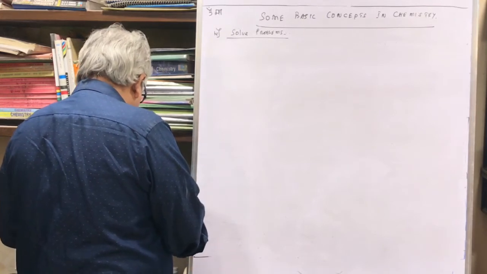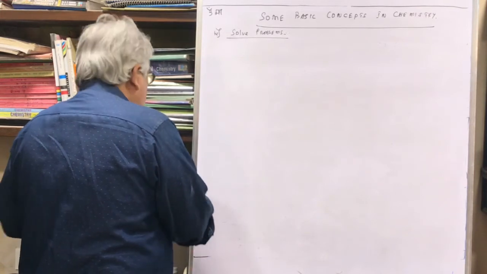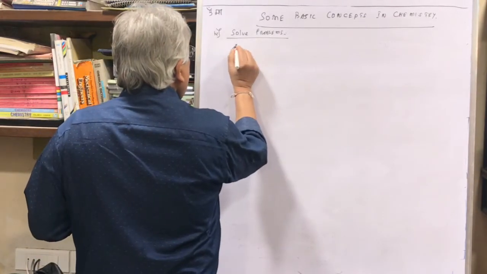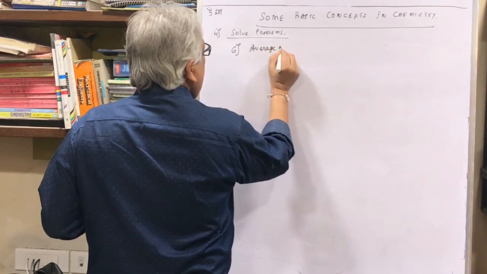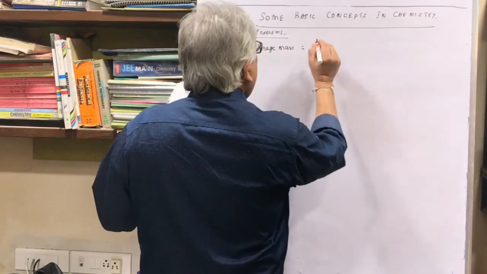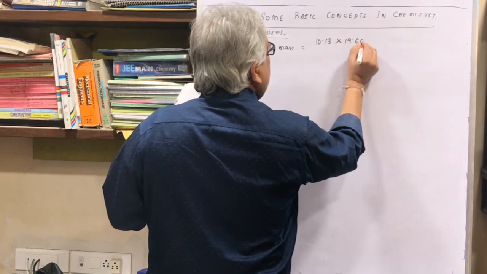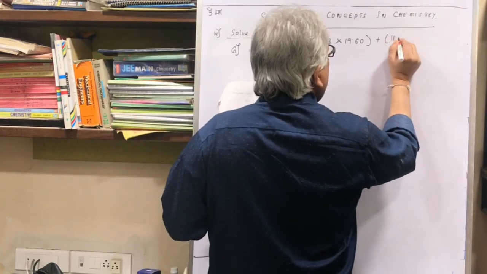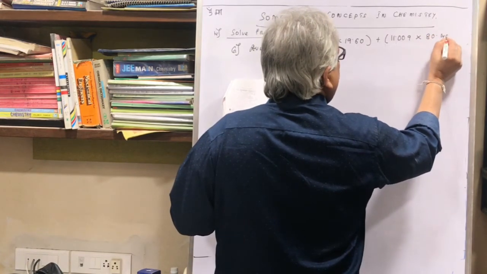So using that formula, when I solve this problem, what I will do is say problem G. So I'll say the average mass is equal to 10.13, it is present in 19.60%, plus the other isotope is 11.009 and abundance is 80.40%.